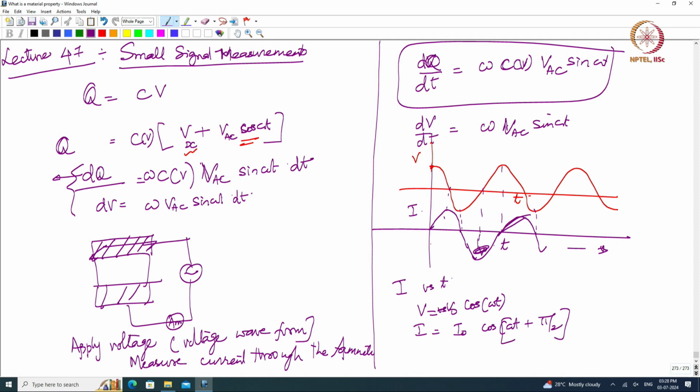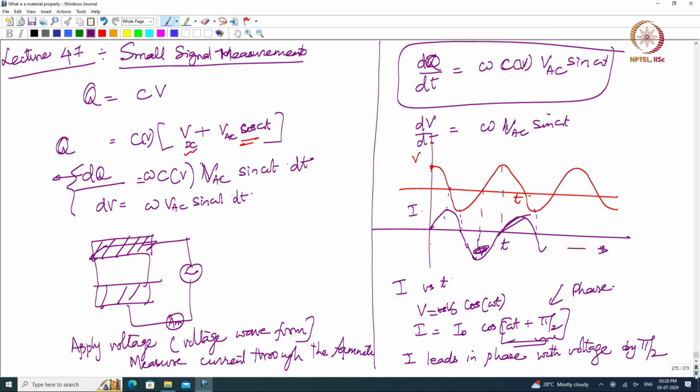So, there is going to be a phase. This is what is called the phase. So, current leads in phase with voltage by pi by 2. That is how this is called.